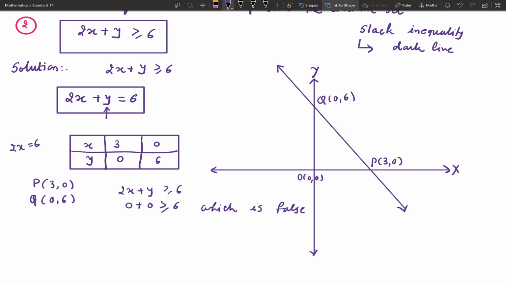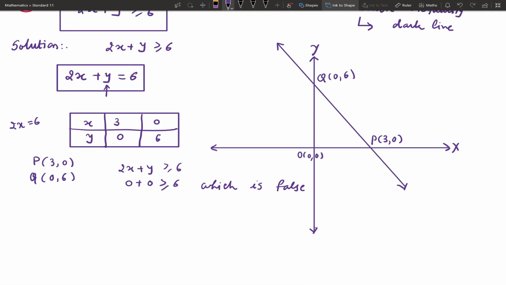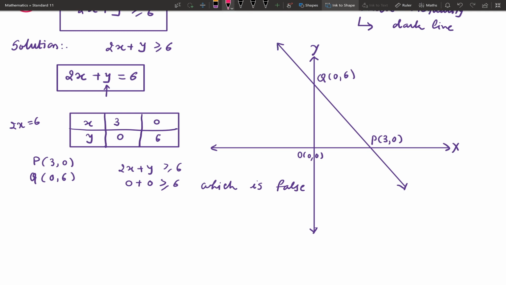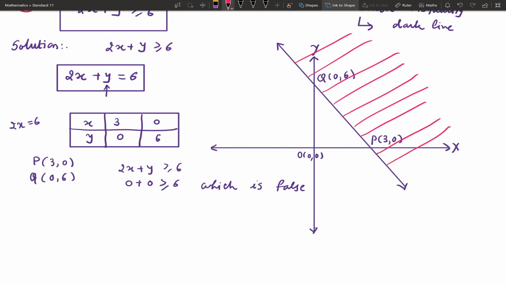Since it is false, that means the solution portion does not contain the origin, hence the closed half plane of the line. Since the origin is not satisfying, we have to go to the opposite side from the origin, so this will be the solution set. This is the line 2x plus y equal to 6.